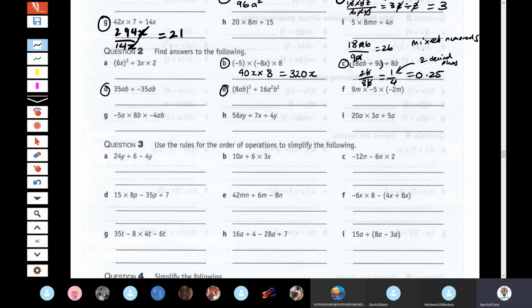Usually our answers are in improper. Improper is good, mixed is not good. Again, unless the question specifically says write your answer in mixed numerals, then obviously you have to leave it as that. Or if it says write it in decimals, then you'd leave it as that. But usually this one's the one that we want. Improper and, of course, proper fractions. Okay.